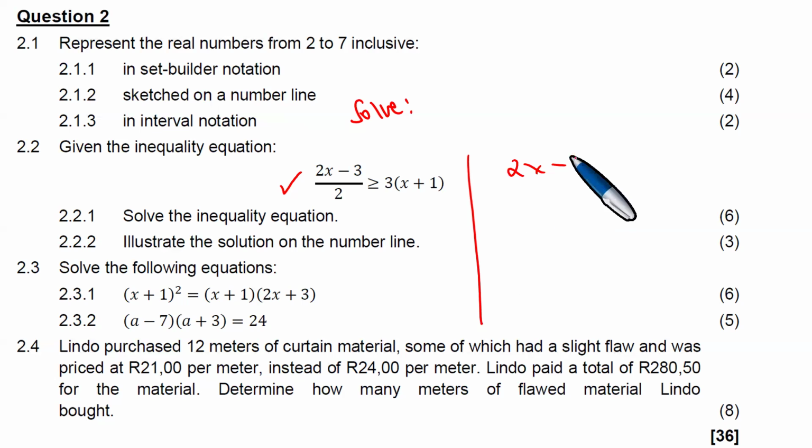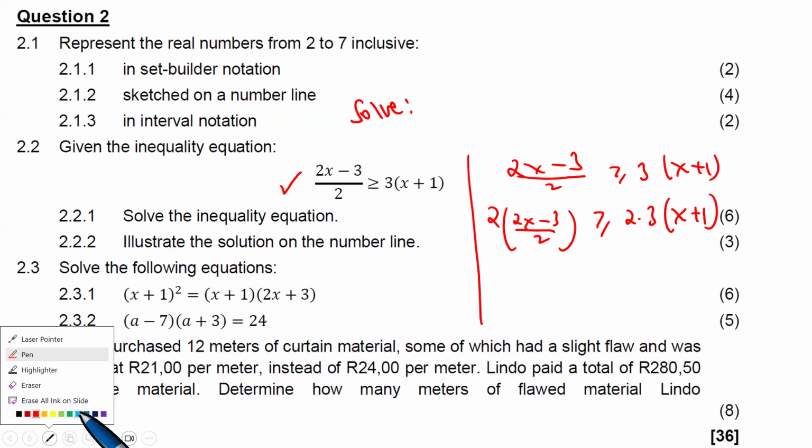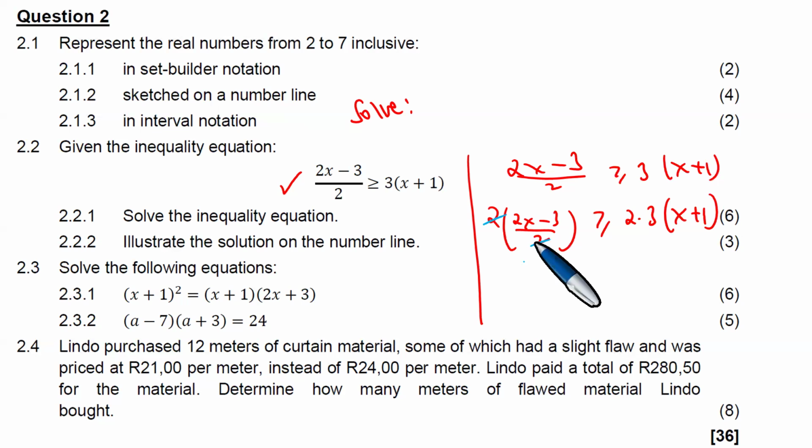So there are certain steps that we need to highlight. You have 2x minus 3, you divide by 2. Now you have 3 and then x plus 1. You cancel these, and then you have 2x minus 3. We multiply by the lowest common denominator.